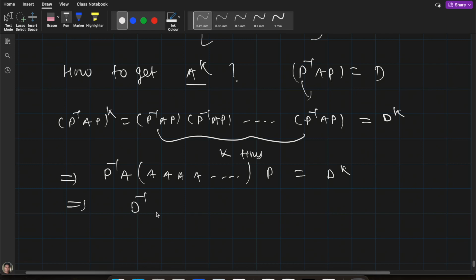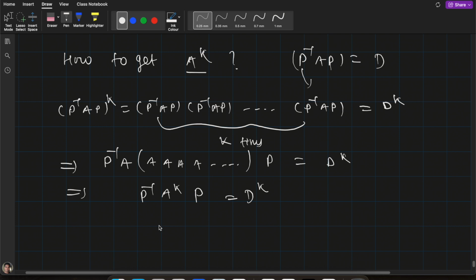So P inverse A raised to the power k P equal to D raised to the power k. Now I want to get A raised to the power k. So just post multiply by P on both sides, you will get P D raised to the power k, and post multiply P inverse, you will get P inverse.